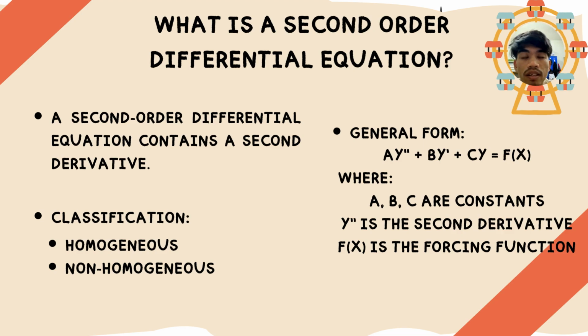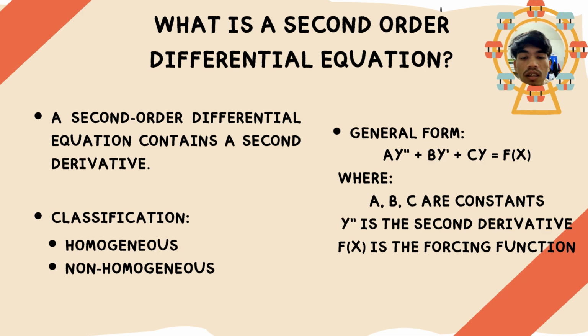To break this down, a, b, and c are constants. Y double prime is the second derivative that identifies the order of the equation, and f of x is what we call the forcing function.